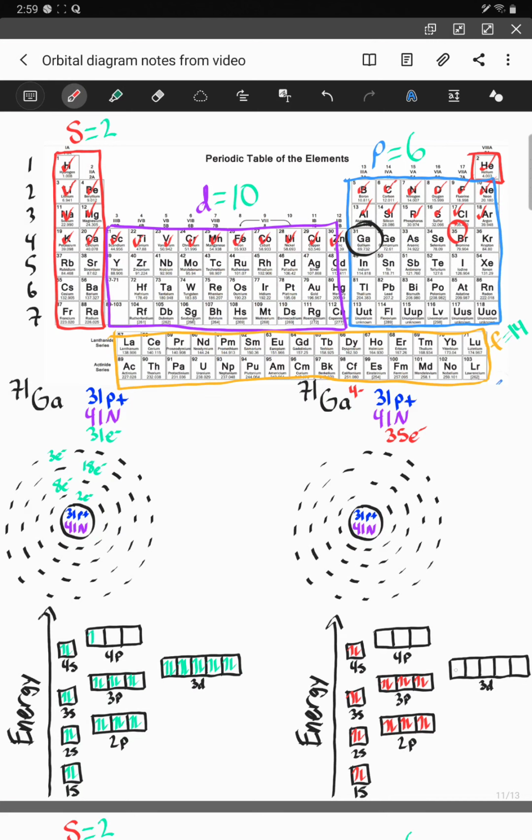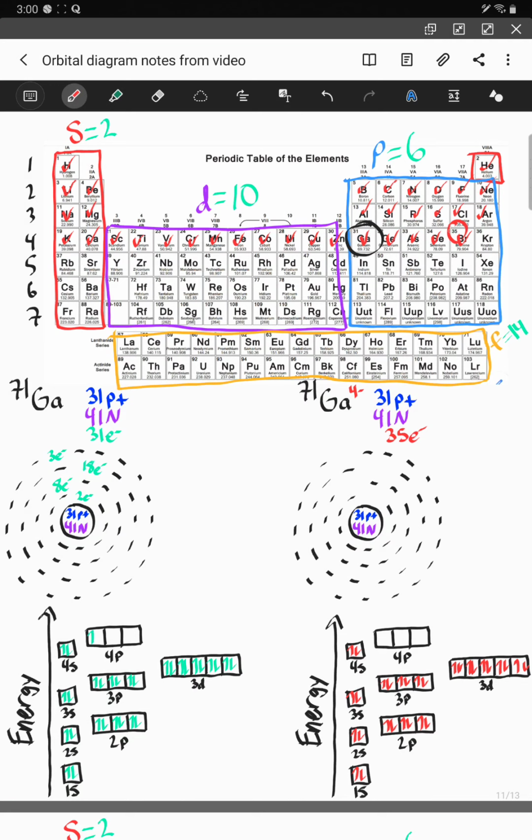So we're going to fill in that d orbital all the way.